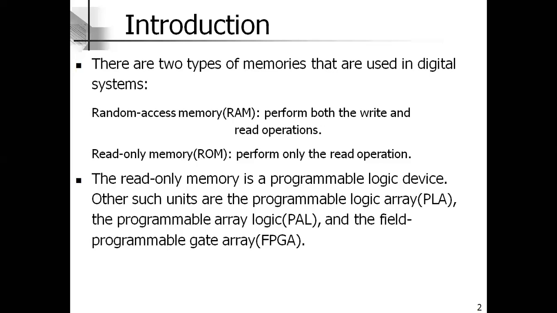What is the main difference between RAM and ROM? Which one is volatile and which one is non-volatile? RAM means random access memory. That is, it will perform both the read operation and write operation. But ROM will perform only a read operation.